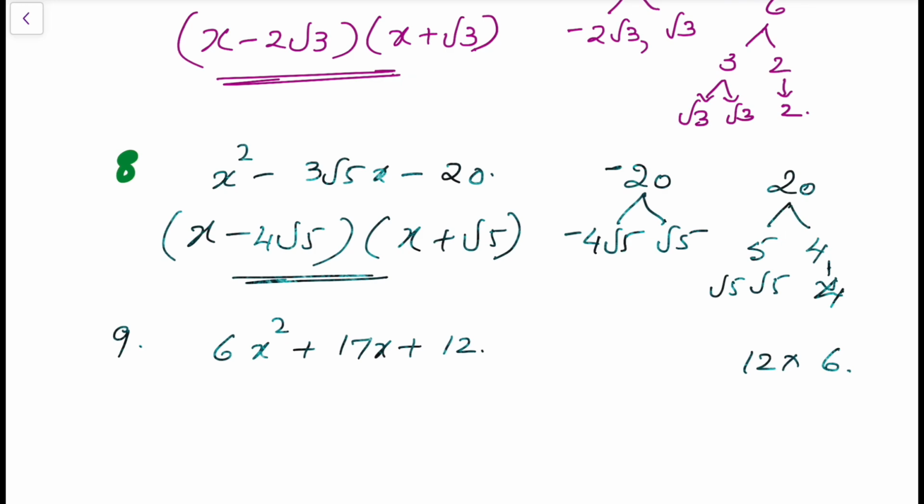So, 12 into 6. Now, if you add or subtract 12 and 6, you will not get 17. So, you will again find some factors. 4 into 3 into 6, no, you will not get that.